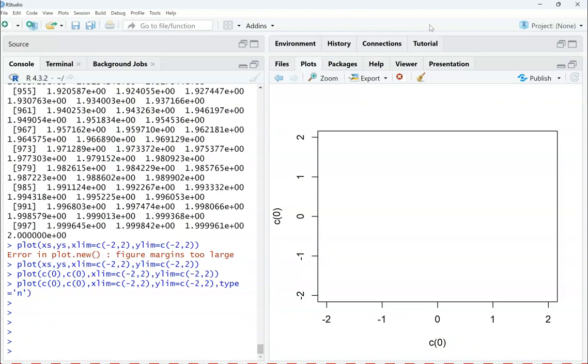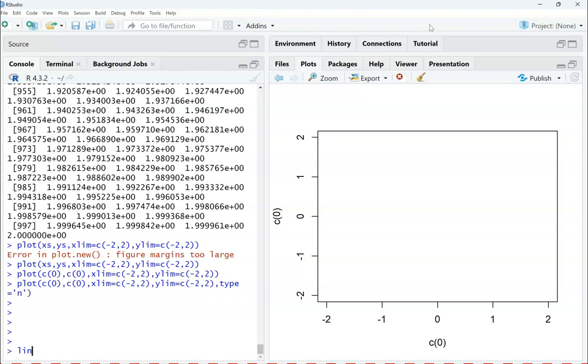That's what type equals n means: don't plot the points. So I said use x of 0, y of 0, but I just created a window. I know it was goofy, but that just creates a window that has -2 to 2 for my limits.